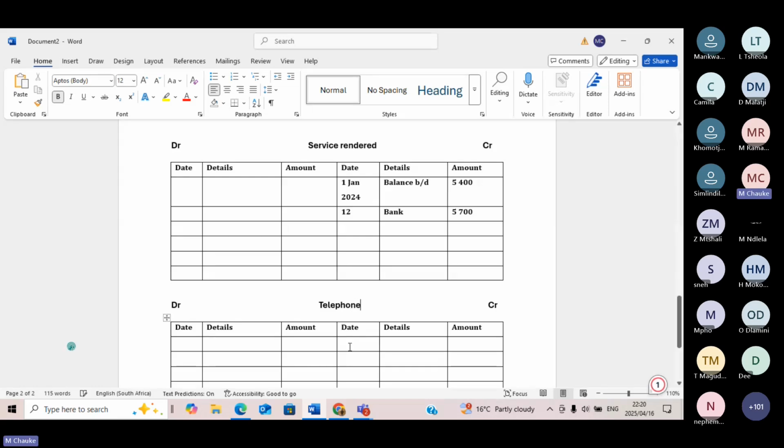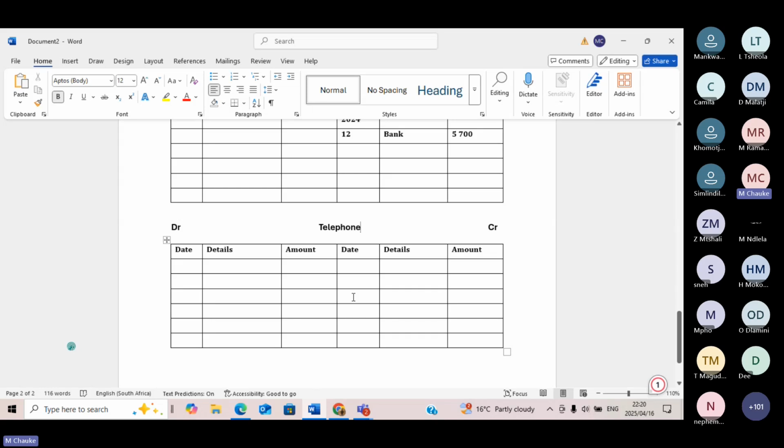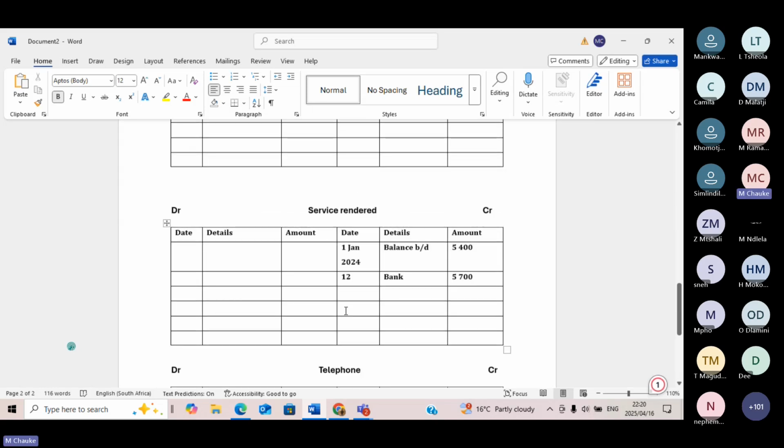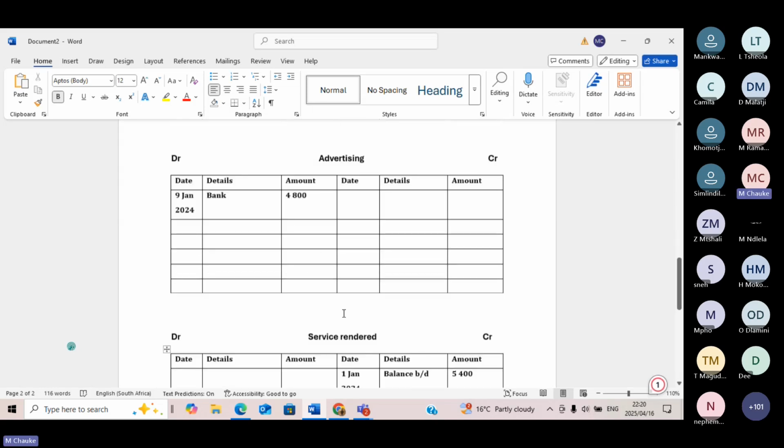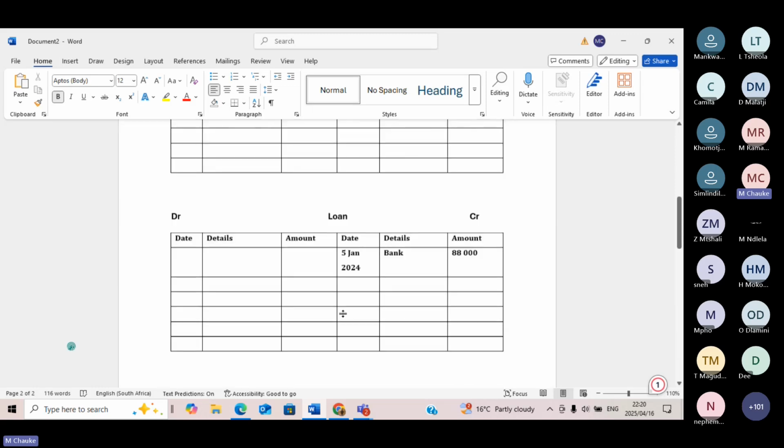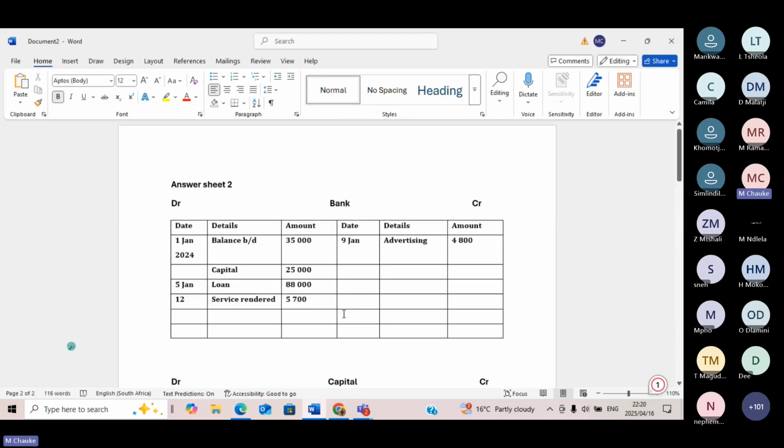So telephone is an expense, and we made a payment to this account. When we pay, two accounts are affected, bank and telephone. Bank is decreasing because you made a payment for telephone. So you go on the credit side of the bank and decrease your bank with telephone.